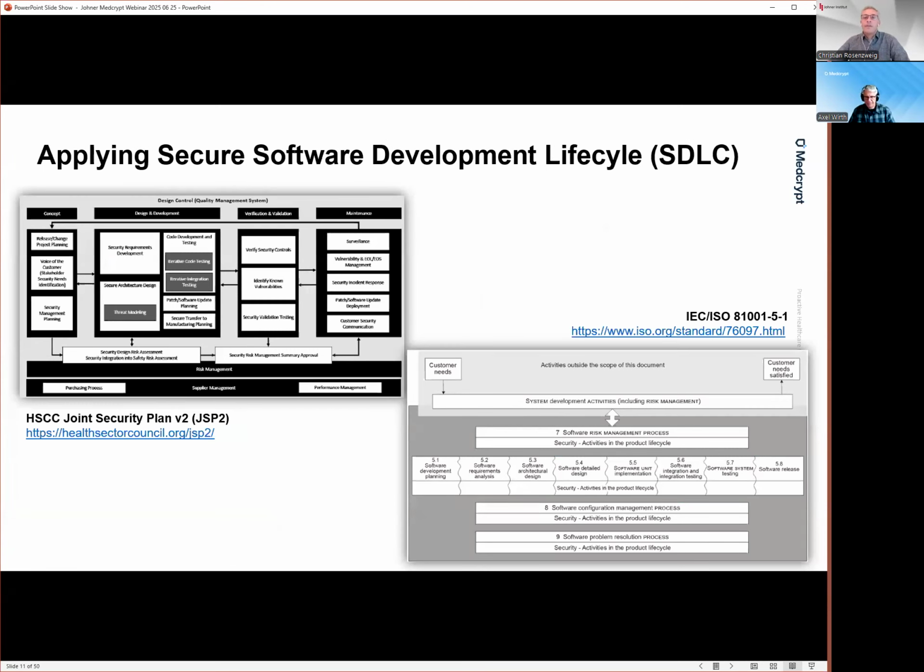Yeah, the total product life cycle is quite similar between US and Europe. FDA requires a total product life cycle for security, which is, for example, described in the Joint Security Plan, which you see on the left side. It shows the typical development phases from planning over requirements, architecture, implementation, testing, release to the post-market phase.